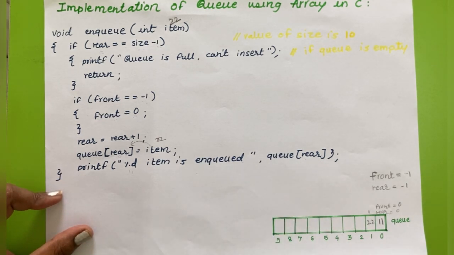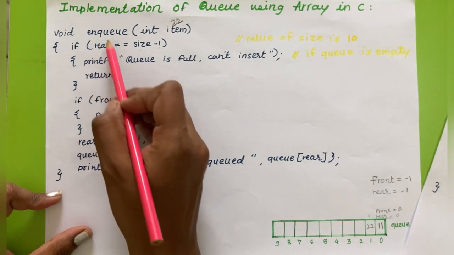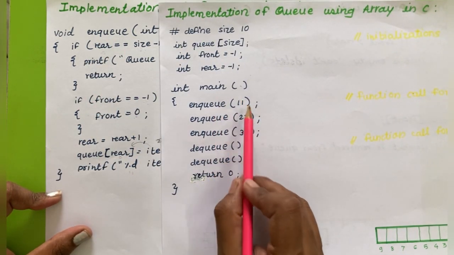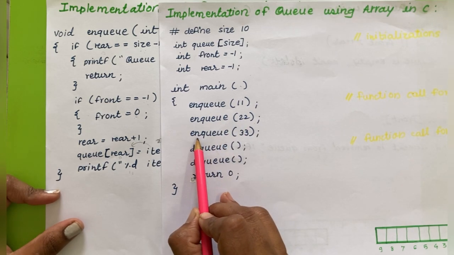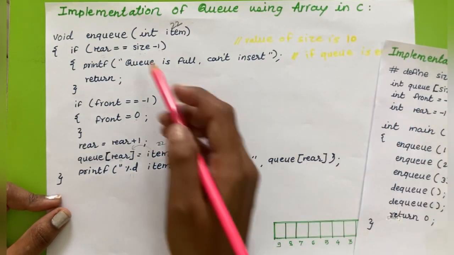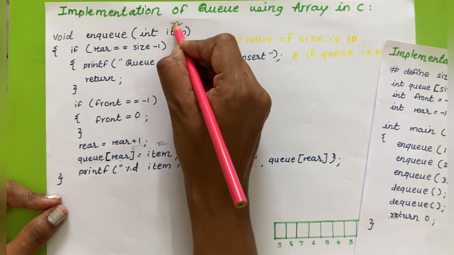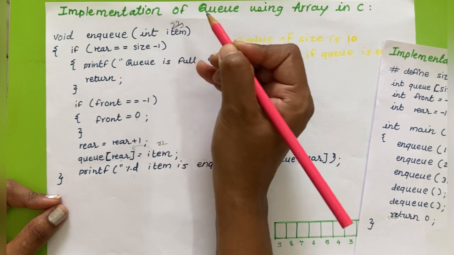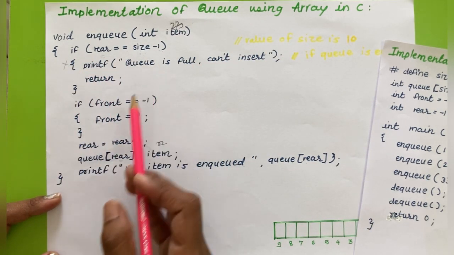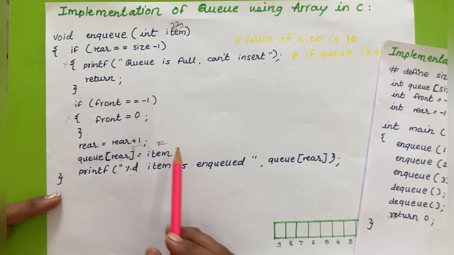Here again the function call for enqueue 22 is completed and will return back to the main, and the next statement is again enqueue 33. So it will again call the enqueue function with the value of item as 33. Now again the first condition will not be satisfied, and the second condition will also not be possible.